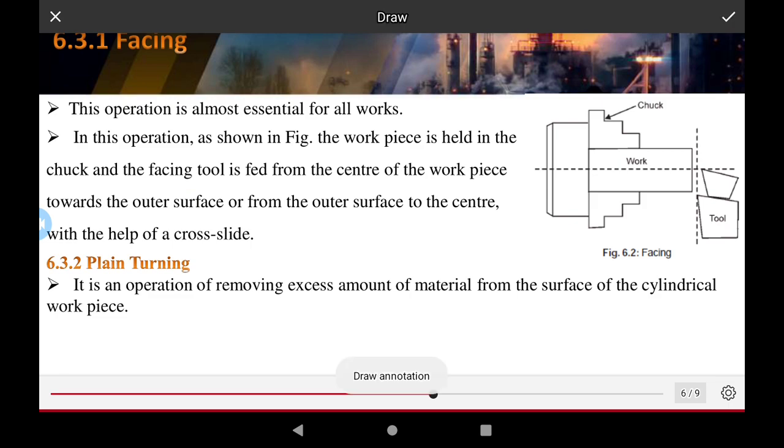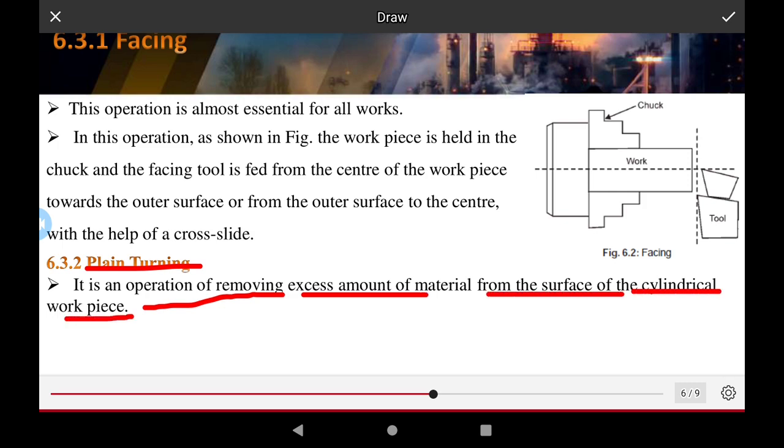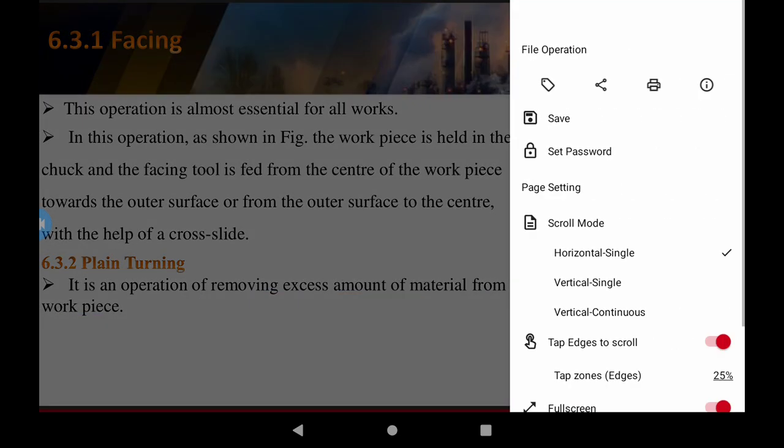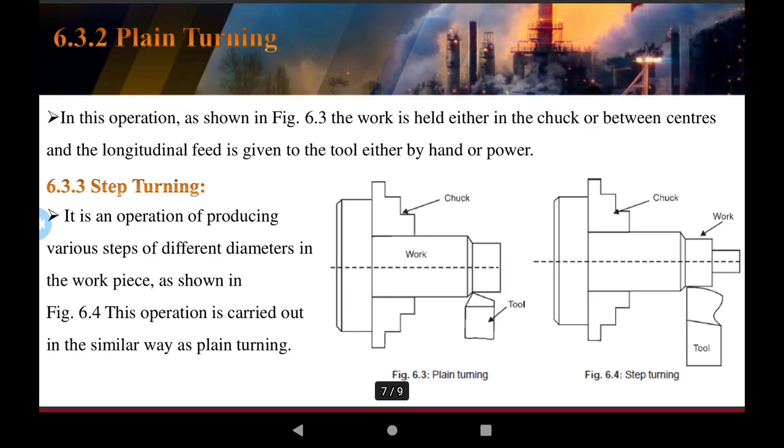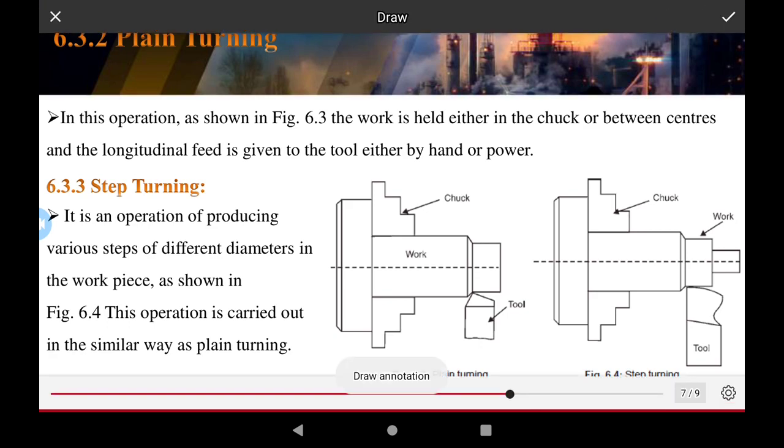Plane turning. What is plane turning? It is an operation of removing excess amount of material from the surface of a cylindrical workpiece. As shown, this is the plane turning.